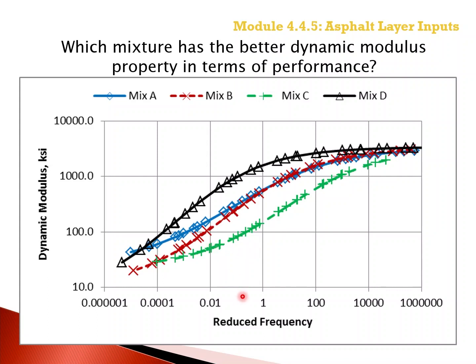For rut depths, mix D, or the black triangles, would have the lowest predicted rut depths because it has the higher dynamic modulus values. For transverse cracks, mix C, or the green plus sign curve, mix C would have the lowest length of predicted transverse cracks because it has the lower dynamic modulus values.